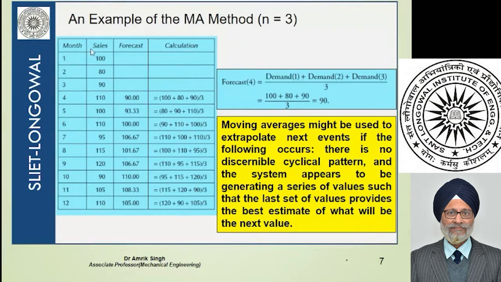The sale for the first month is 100 units. For the second month, it is 80 units. Third month, it is 90 units, and so on. And for the 12th month, it is 110. It is a number based on the actual sales.